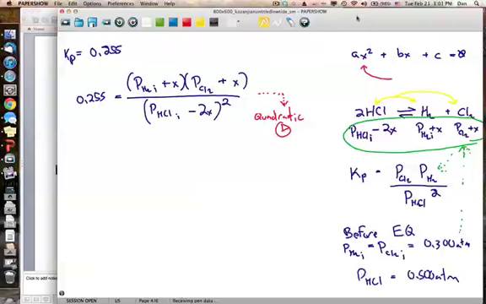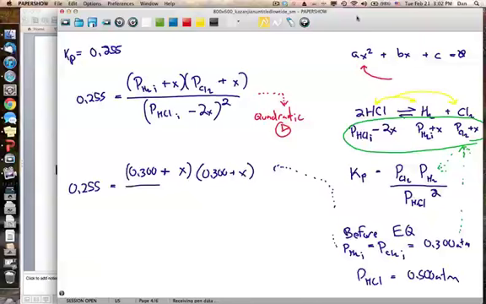Notice that when we actually plug in the numbers, this becomes equal to 0.300 plus x, and times 0.300 plus x. Again, just plugging in our values from our starting conditions. All this divided by 0.500 atm minus 2x, squared.